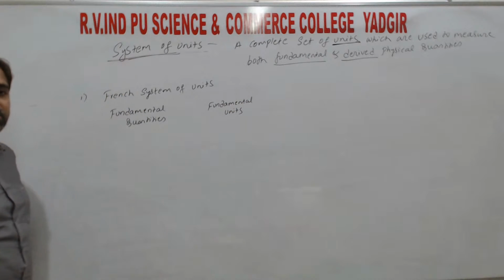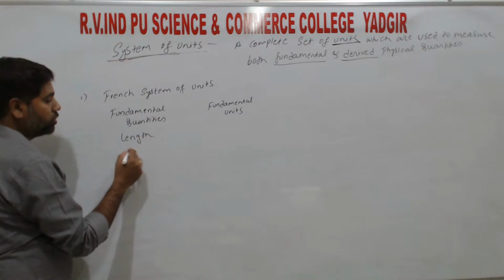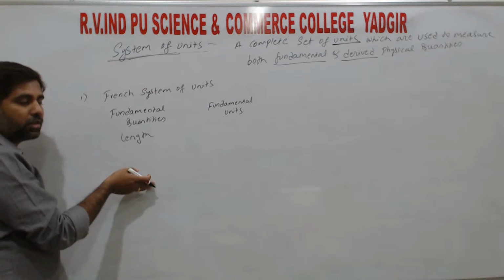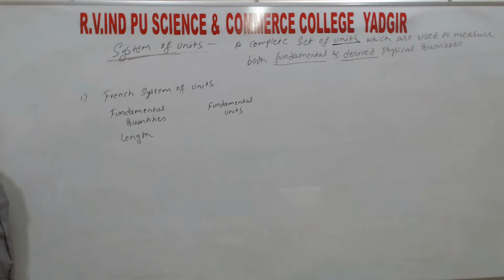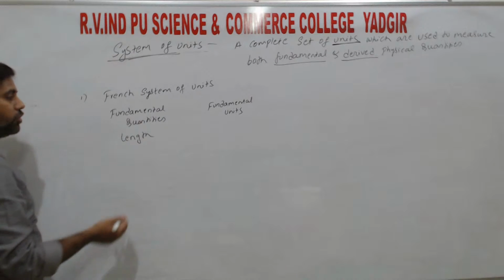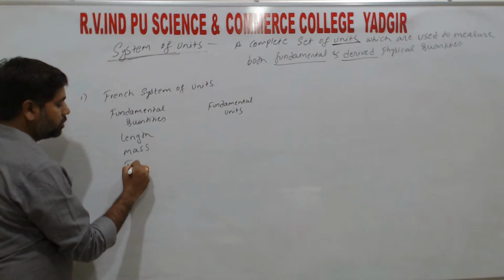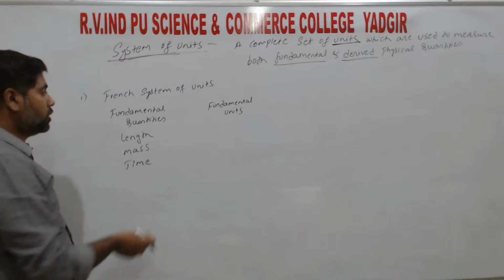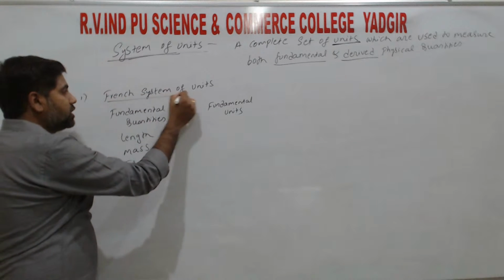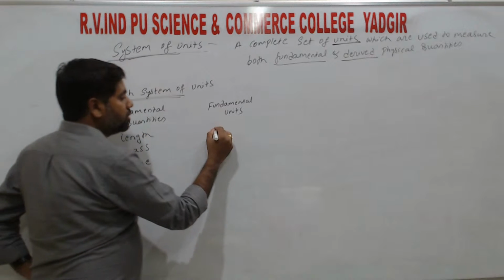In this system we are going to measure length, mass and time. In the French system of units we use three fundamental quantities, that is length, mass and time, right.